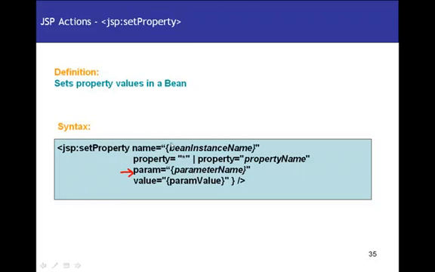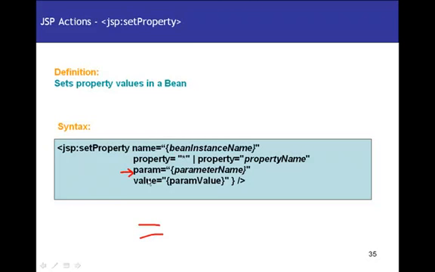So now what the star does is, if I put a star here, it means that for all the property values in my bean, simply map all parameters with the same name. So let's say that I have two properties in my bean, that is user ID and username, and similarly I have two parameters, two input boxes in my JSPs. One is username and the other is user ID.